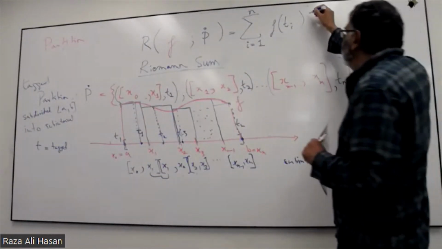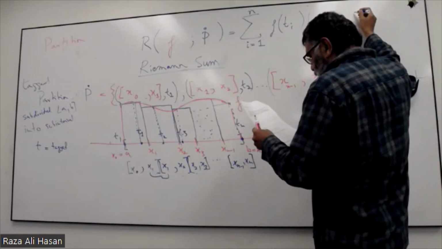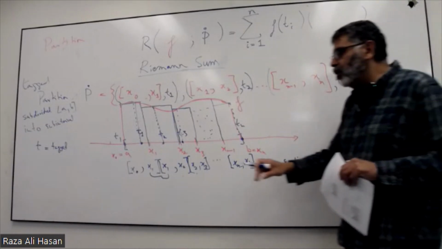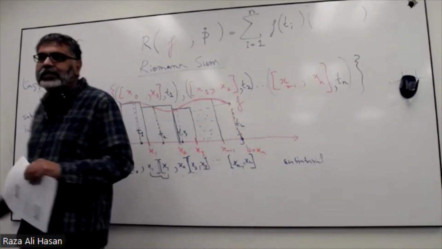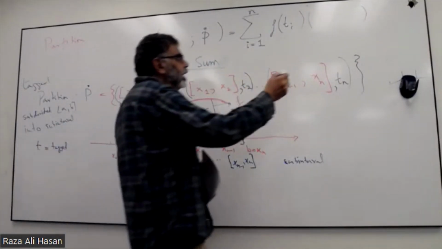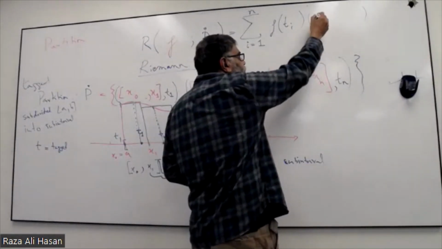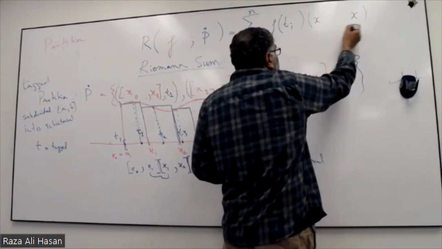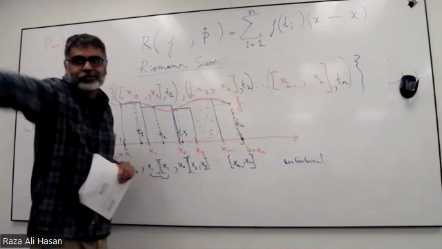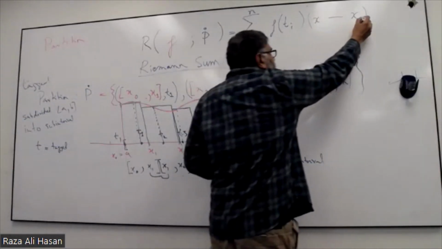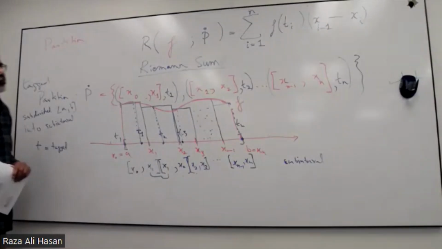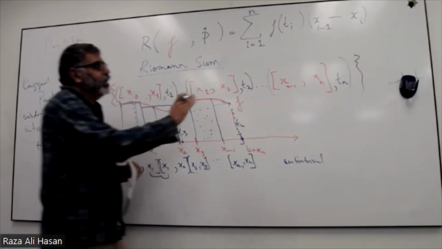And then the width, this part is simple. The width of a subinterval is, yes, very good, you take the right one minus the left one, but we're using i.